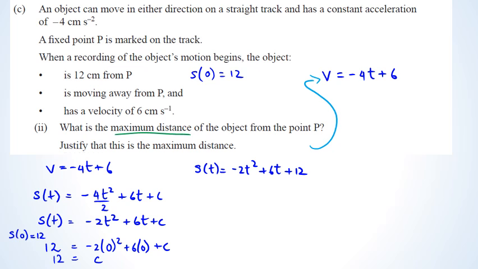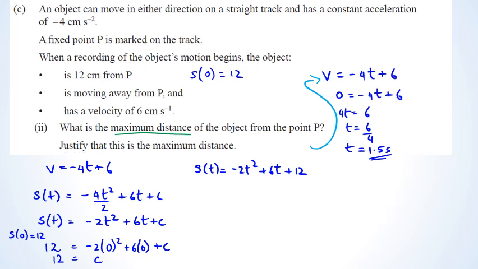So I can say 0 equals negative 4t plus 6, which gives 4t equals 6, t equals 6 over 4, so t equals 1.5 seconds. So at 1.5 seconds, that's when the maximum distance happens.